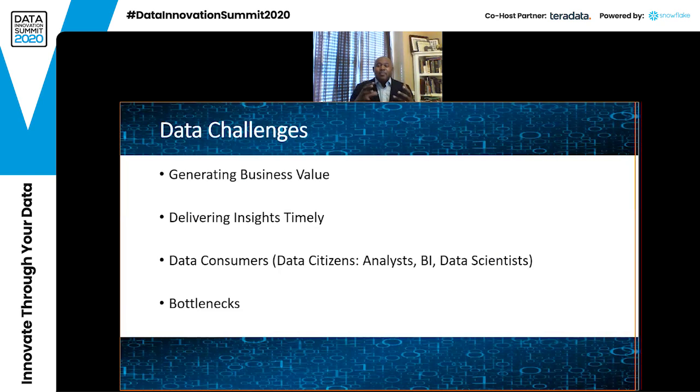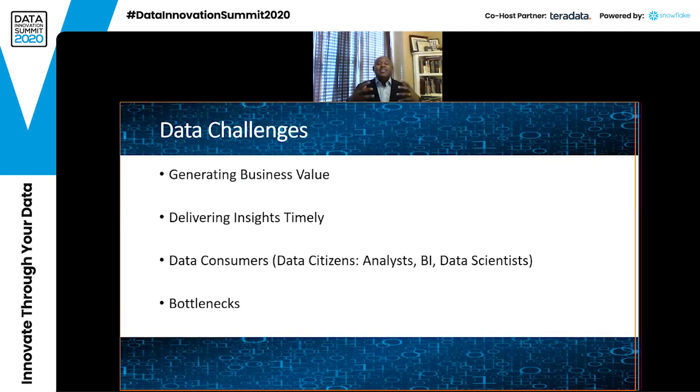So data volumes and data types continue to grow. And as they do, we gain different types of data consumers or data citizens, such as your data analysts, your data scientists, business intelligence tools and platforms. So all of these data consumers are the people and processes that consume the data.